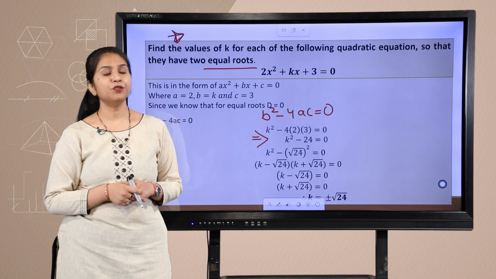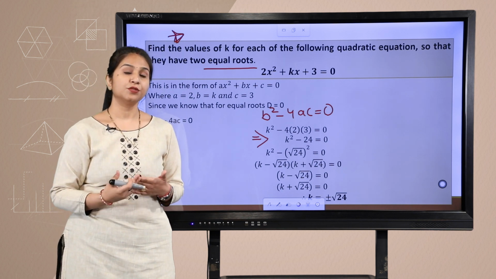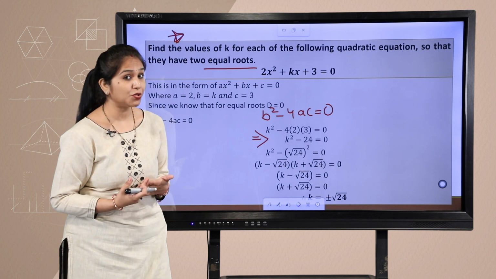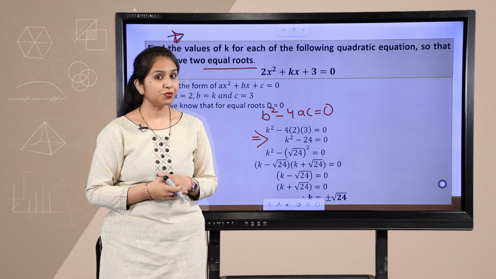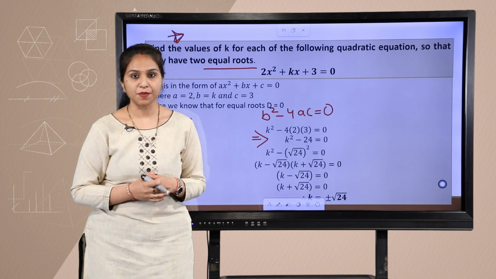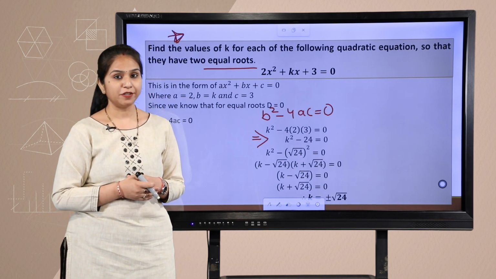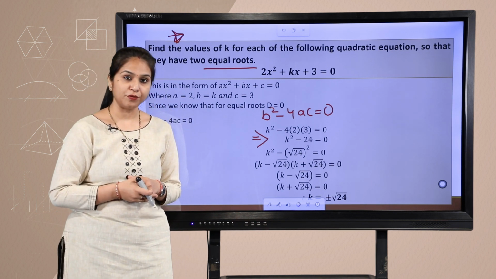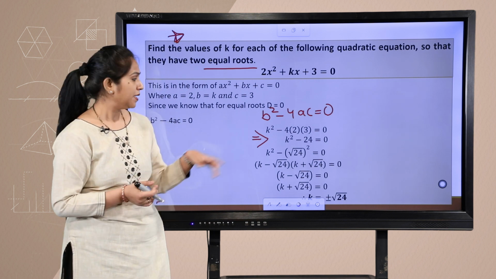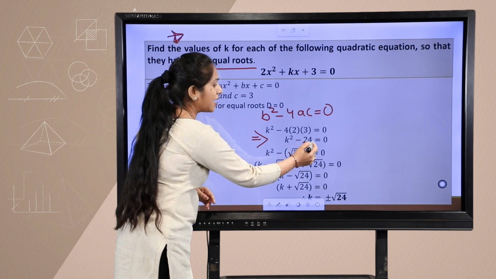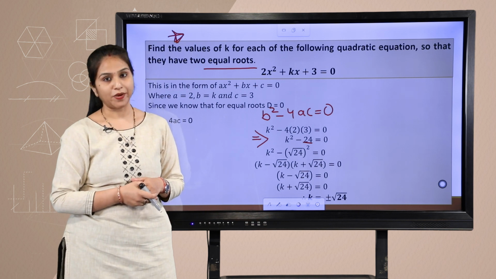Now 24 you can also rewrite as root 24 square. As I told you, when you multiply two roots together, you will get the same number. So when you multiply root 24 and root 24, you will get 24 only. So I am writing this 24 as square of root 24.